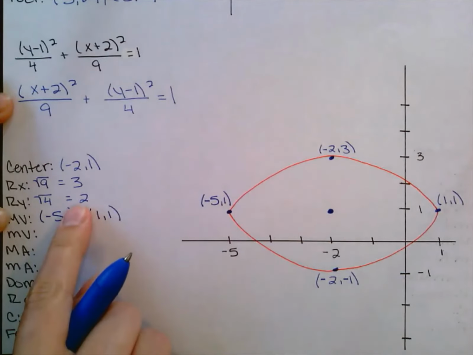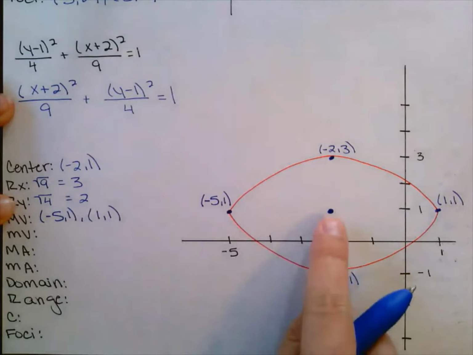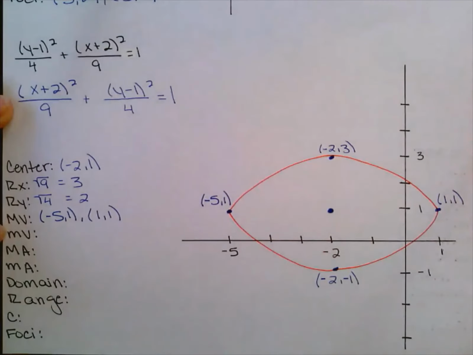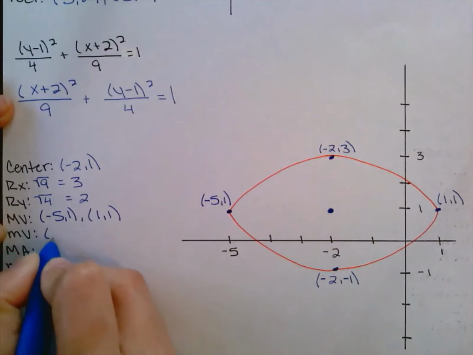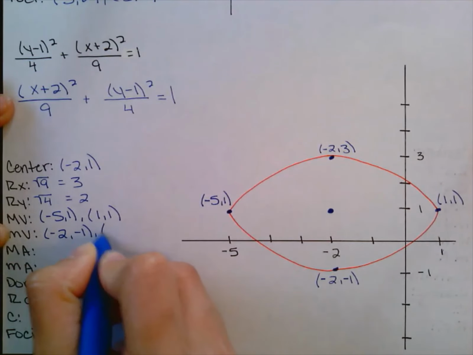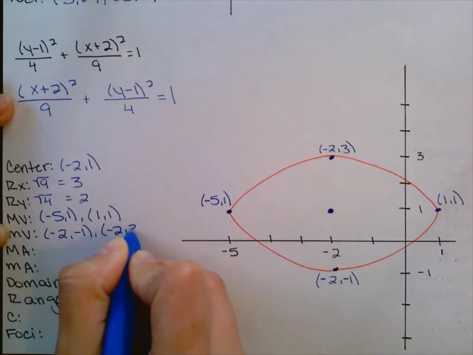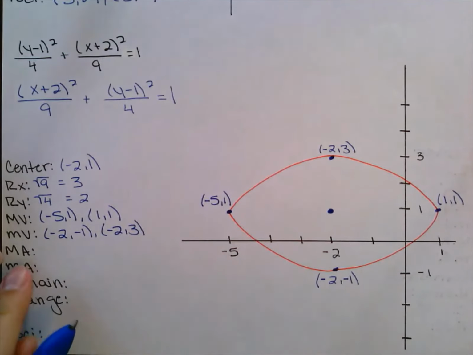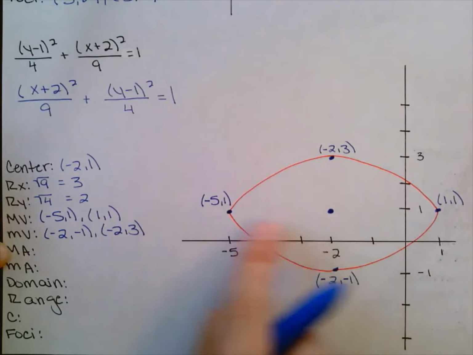And then my r, my radius for my y, was my smaller number 2. So my y went 2 up and 2 down. And that gave me my minor vertices. All right. Now my major axis, we know that my x's were longer and I went 3 to each side.